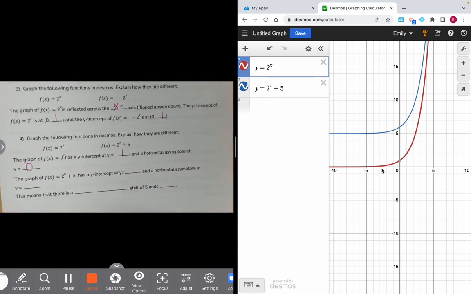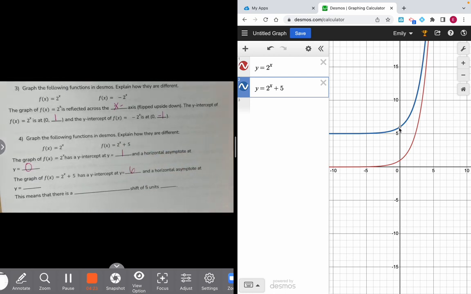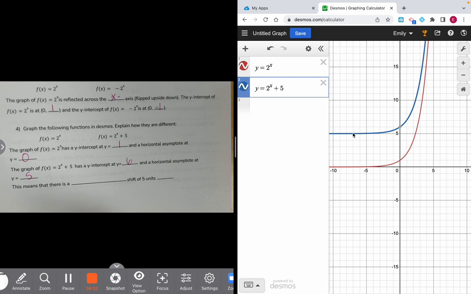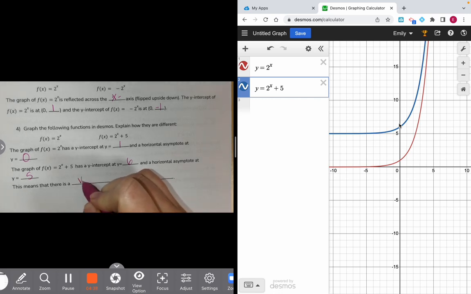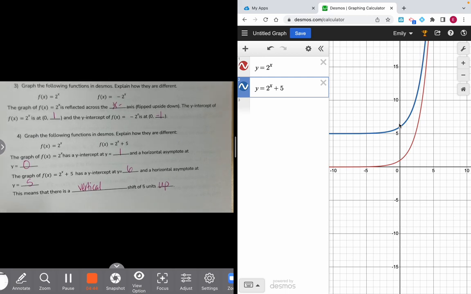It gets closer and closer to 0, but never actually crosses the line. The other one has a y-intercept at 6 and a horizontal asymptote at y equals 5, where it gets closer and closer to that line at 5 but never crosses it. So the whole red line has been shifted up. This is a vertical shift of 5 units up.